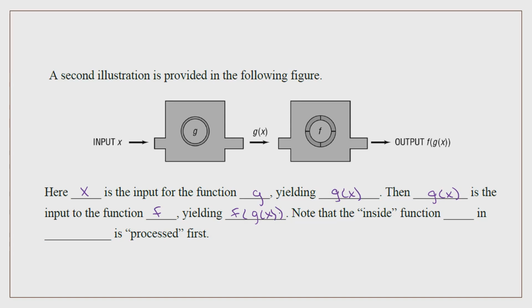Note that the inside function g in f of g of x is processed first. So you have an input x, you insert it into the function g, you then get your g of x, you then take g of x and you insert it into the function f, giving you the output f of g of x, which in other words is f composed with g.